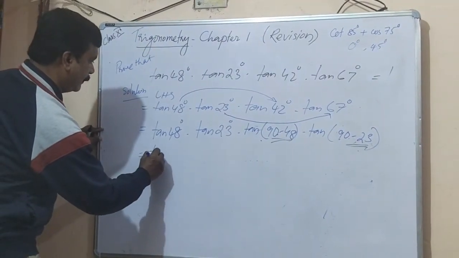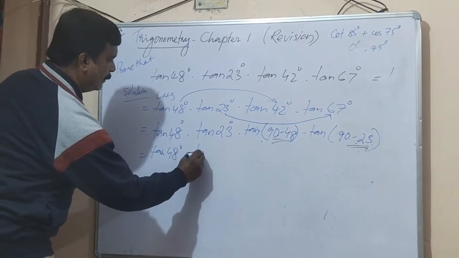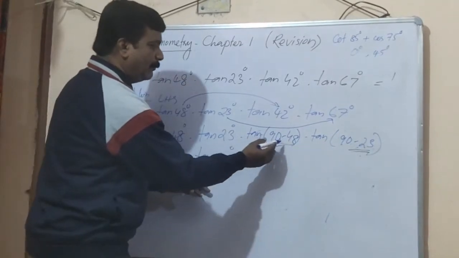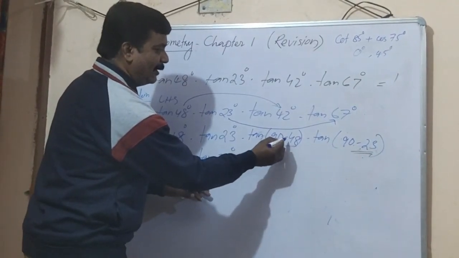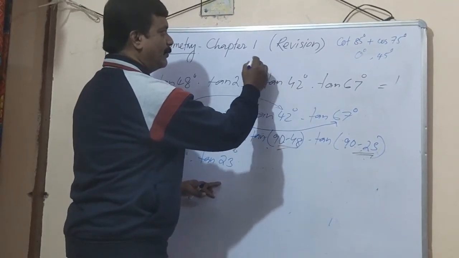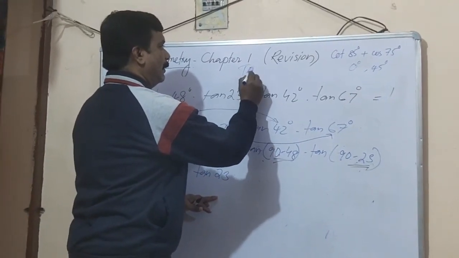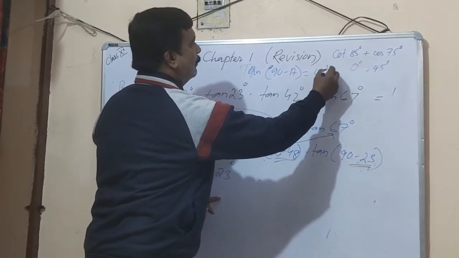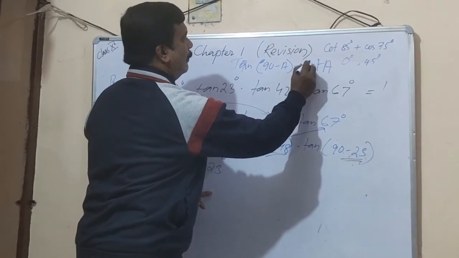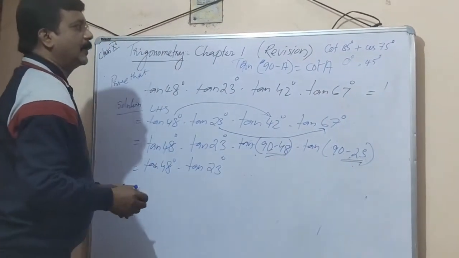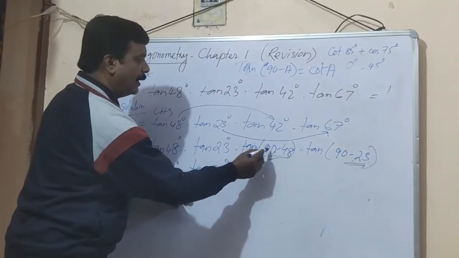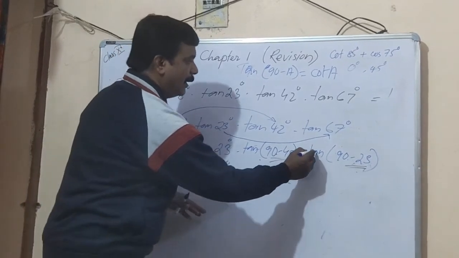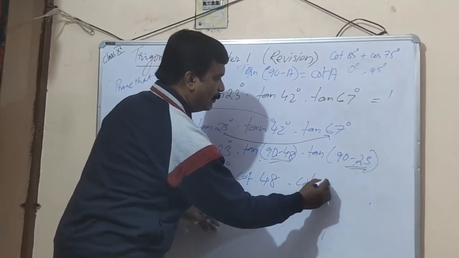Now apply the complement formula: tan of 90 minus a is cot a. So tan of 90 minus 48 is cot 48, and tan of 90 minus 23 is cot 23.